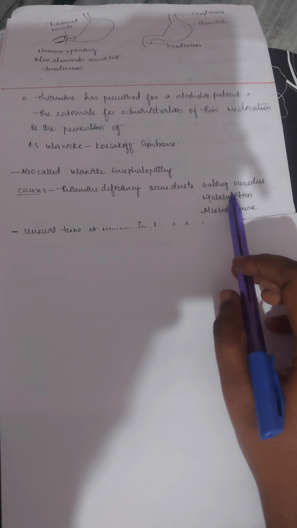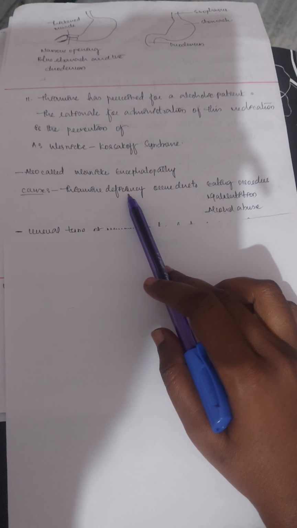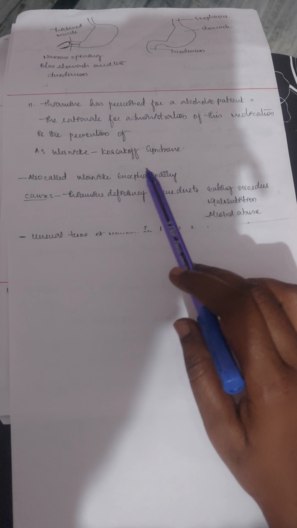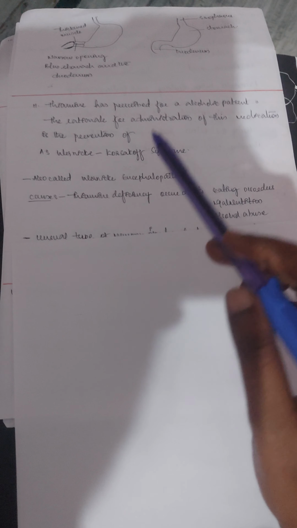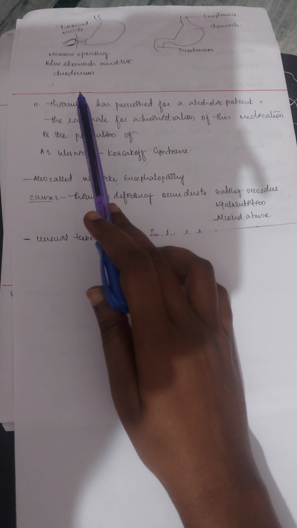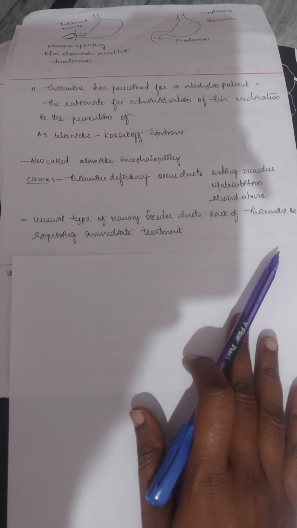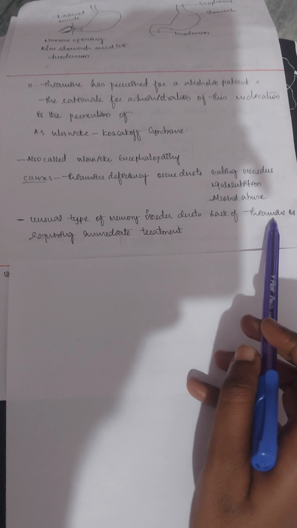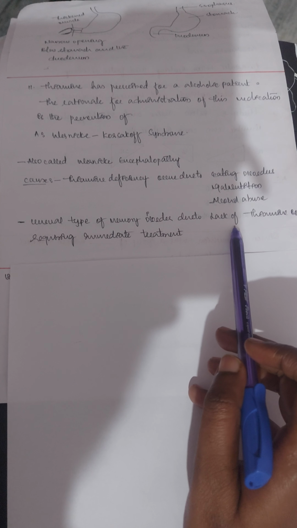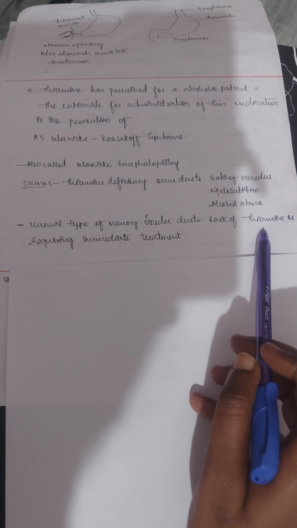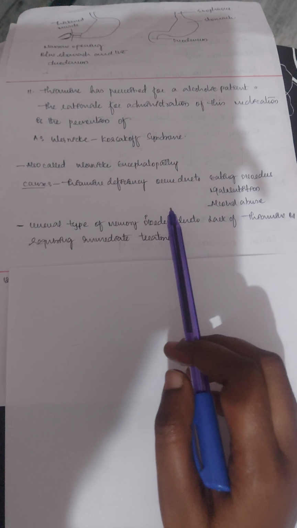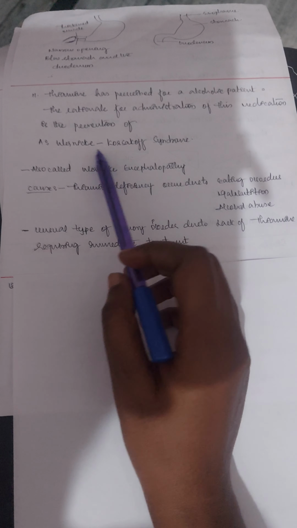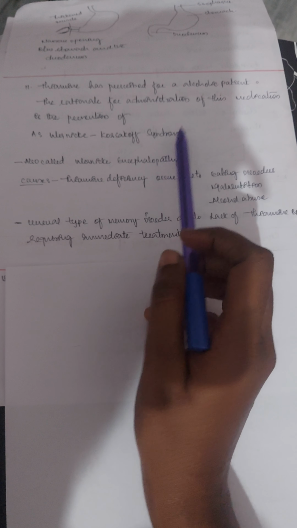These cause thiamine deficiency, and for treating it we should administer thiamine to this patient. It is also called an unusual type of memory disorder due to lack of thiamine. In an alcoholic person, if there is thiamine deficiency, it causes a syndrome called Wernicke-Korsakoff syndrome.